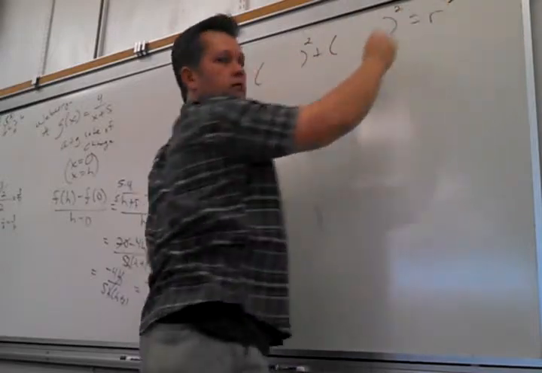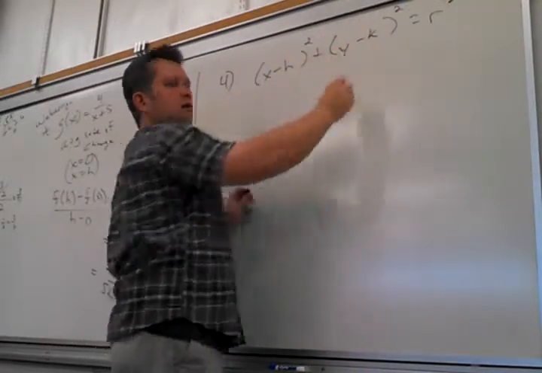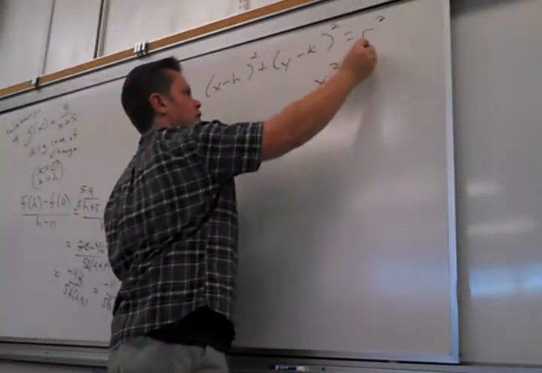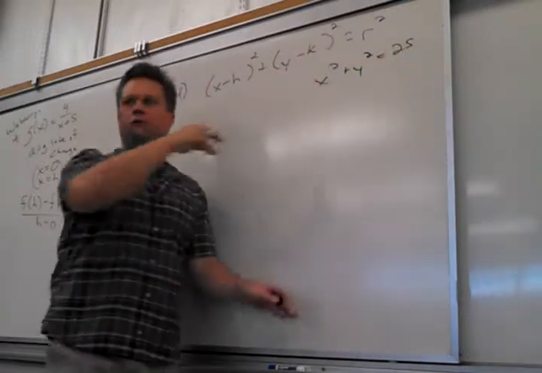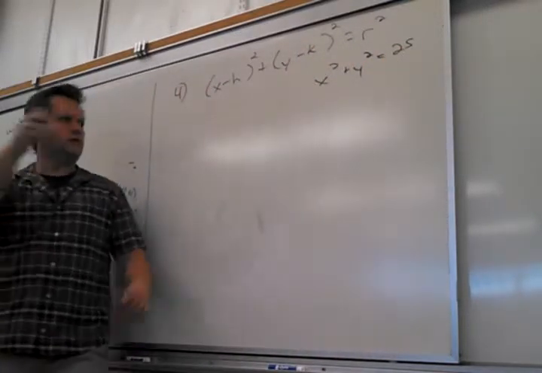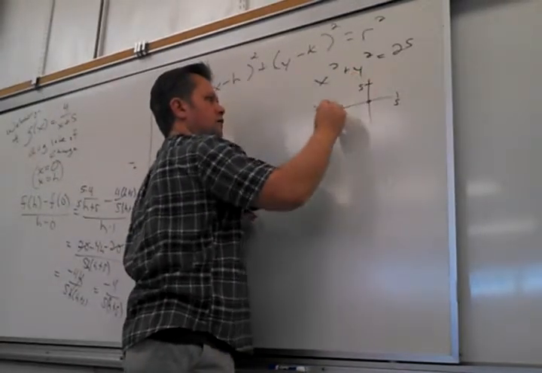Something like this here, right? And inside here is going to be x minus h and y minus k. And this kind of makes sense because x squared plus y squared equals 25, for example. That would be what kind of circle? What's true about it? Centered at 0, 0. And the radius is 5, right?